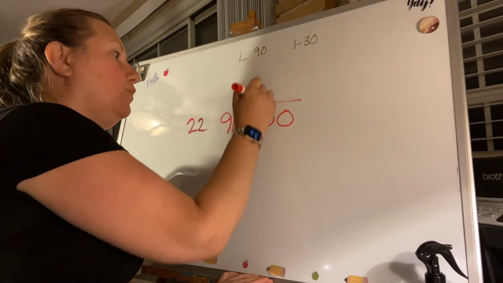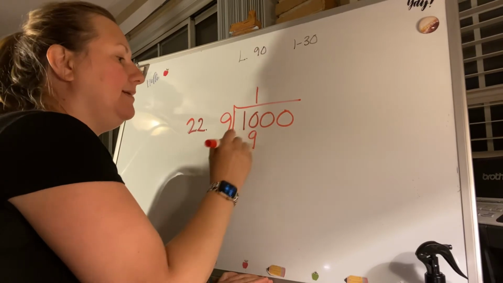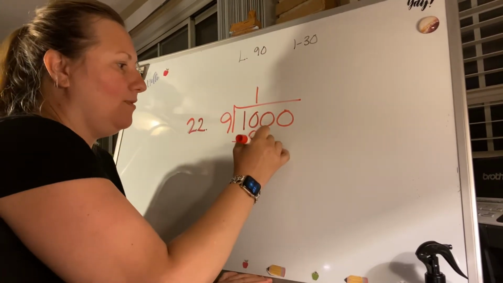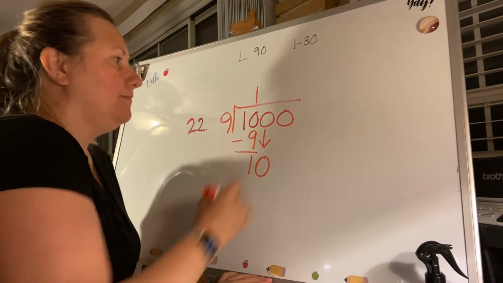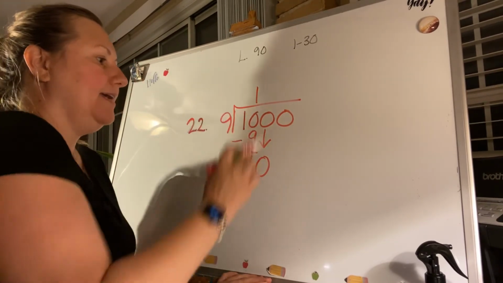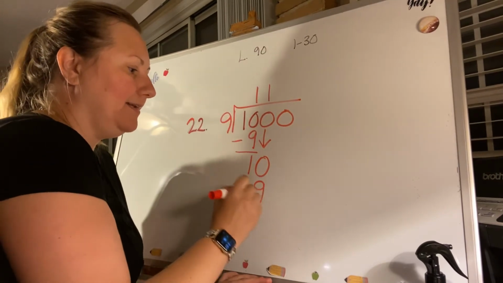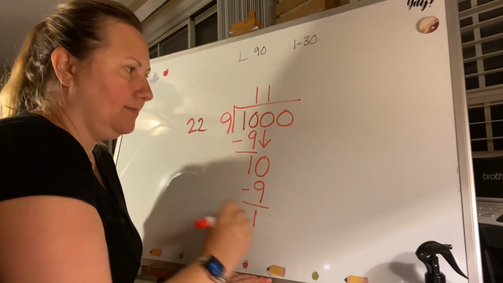9 times 1 gives me 9. That brings down, then we can bring down the 1. This is fun. What times 9 brings me close to 10? Again, 1 times 9 is 9, and I subtract.